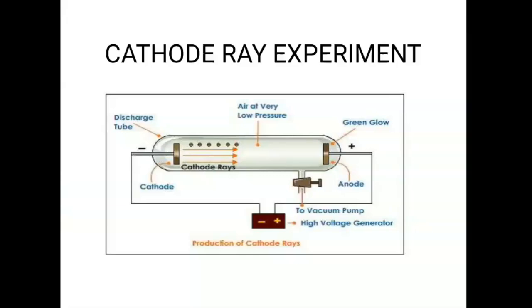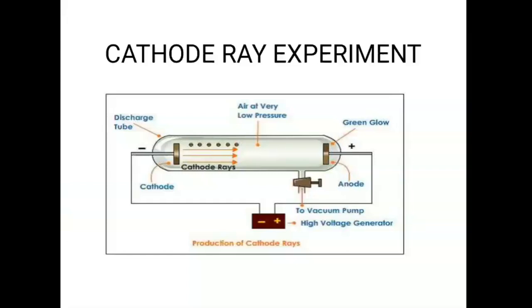Number one, it was the material of the cathode from where the first electron came out. Due to the high voltage applied in this experiment, the first electron came out of the cathode material itself. And number two, the beam of electrons was generated. But how? That beam of electrons was generated because, due to the bombardment of the electron which originated at the cathode, the gas got ionized inside the discharge tube.